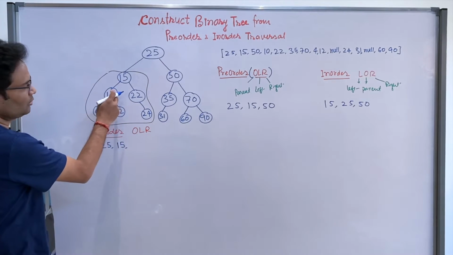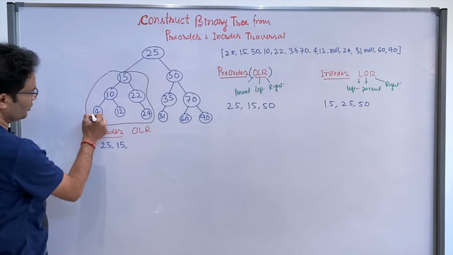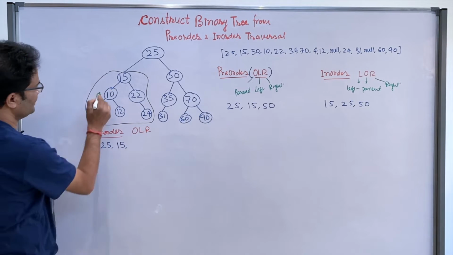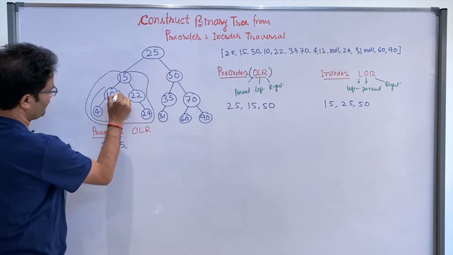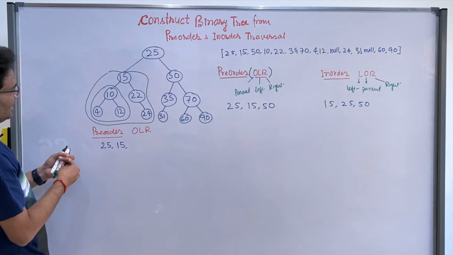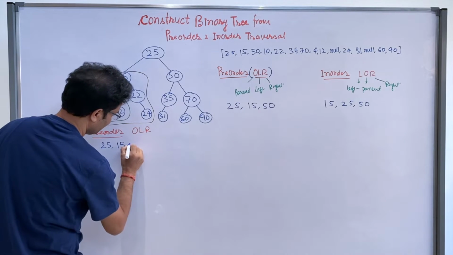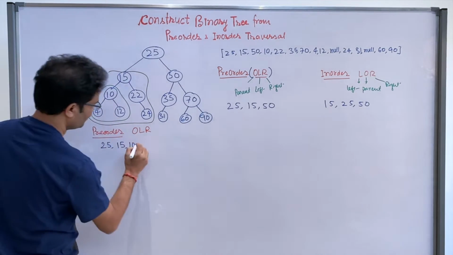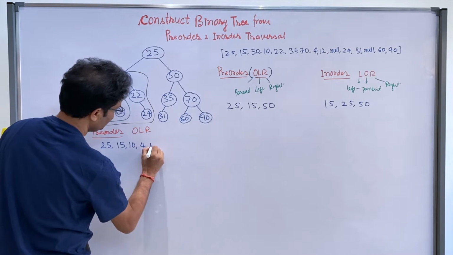Again when you come down, you can see one more subtree, and for that, what is the parent? Parent is 10. So you write 10, and then what is the left? Left is 4 and right is 12.